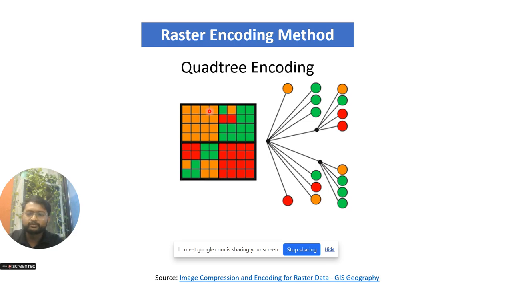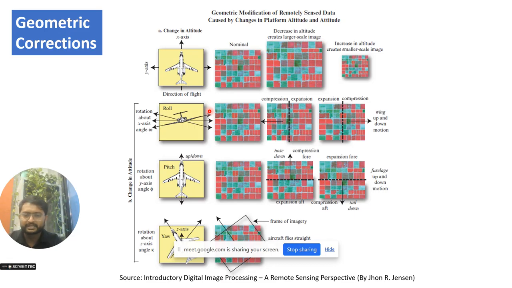Now I will show you some of the things which are covered in the lecture, so you will get more clarity on this. How the parameters of your plane or vehicle which is taking the image will affect the image quality or pixel quality. Here you can see the aircraft which is taking the data is going in this direction.